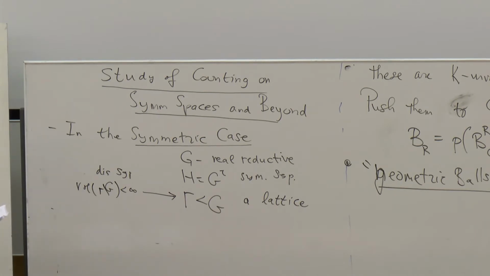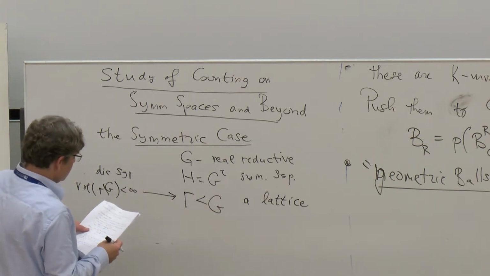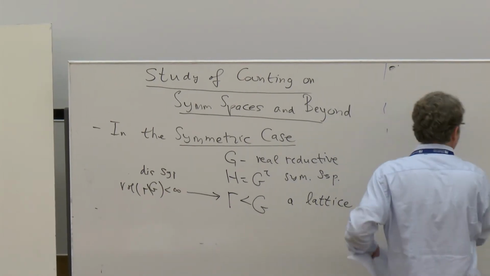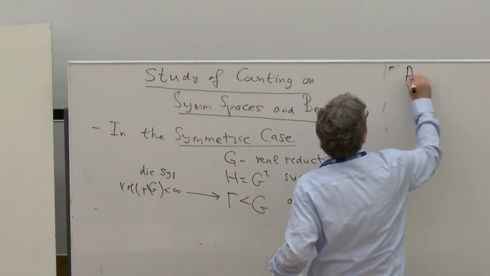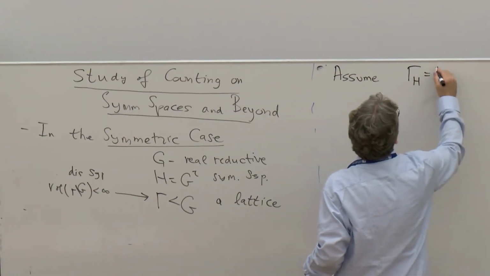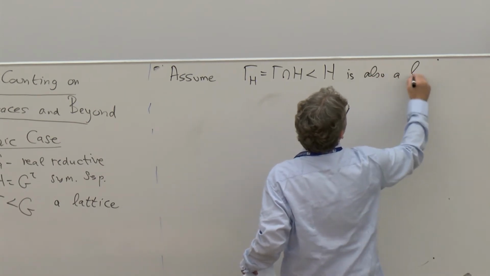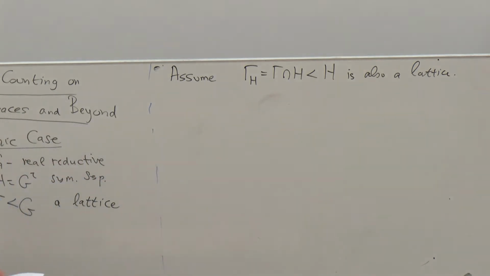Okay? Now, I will sequentially assume that H is kind of nice with respect to the situation. So this means that gamma_H, which is gamma intersected with H, inside of H is also a lattice. This is a natural assumption. Turns out that this is the right setup to study things. And in fact, the volumes should be normalized.